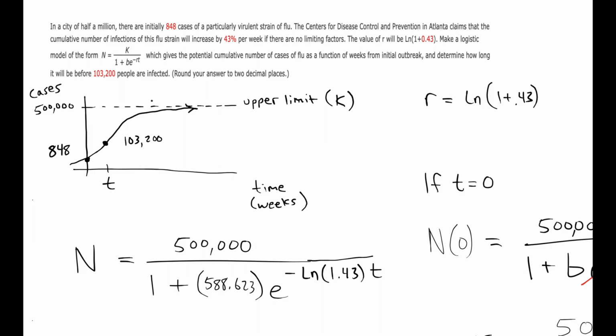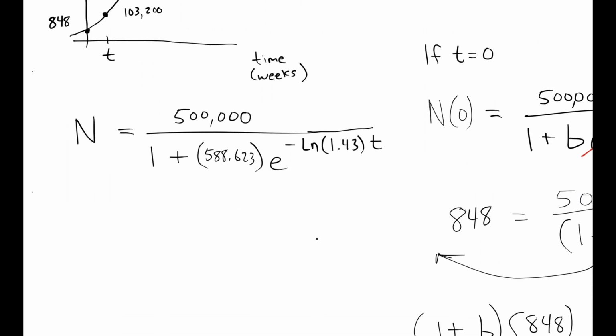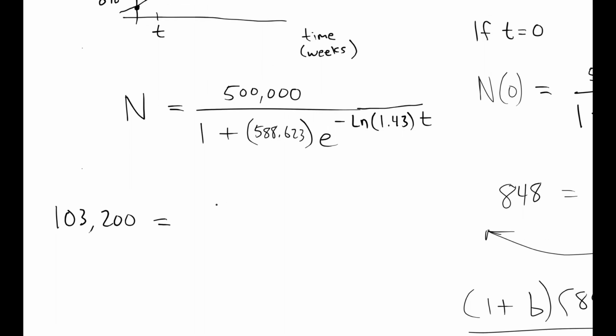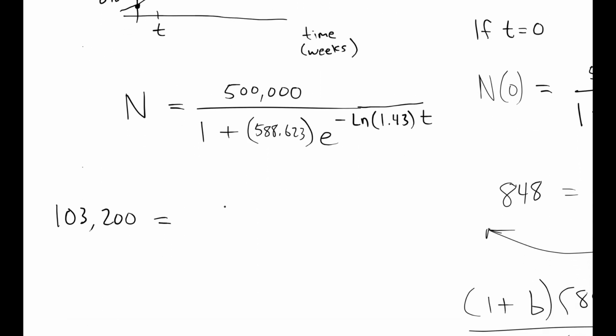But now we have to find out how long it'll take to reach 103,200 cases. Put that 103,200 here on the left. And then you'll have everything except the time t. And you just have to solve it for t.